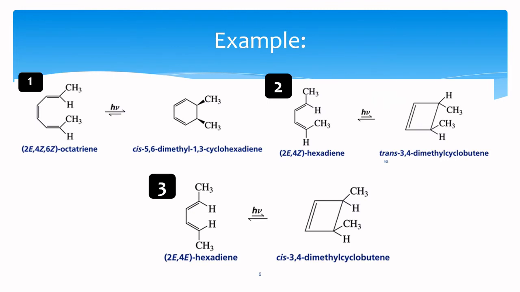Okay, these are some of the examples that we can work on. If we look at all these three questions, this has been shown in the example of thermal electrocyclic reaction. But since we are using a different condition, which is UV, it will give different types of compounds.